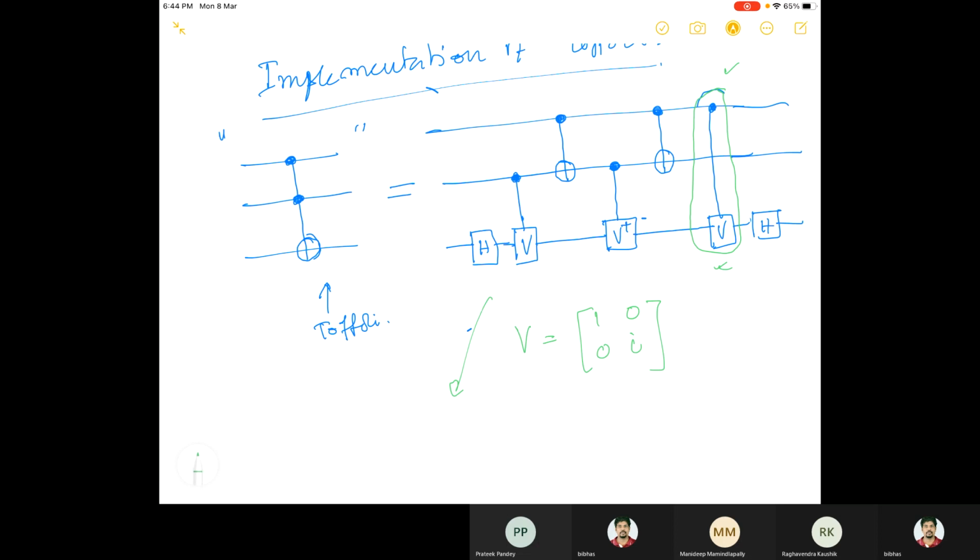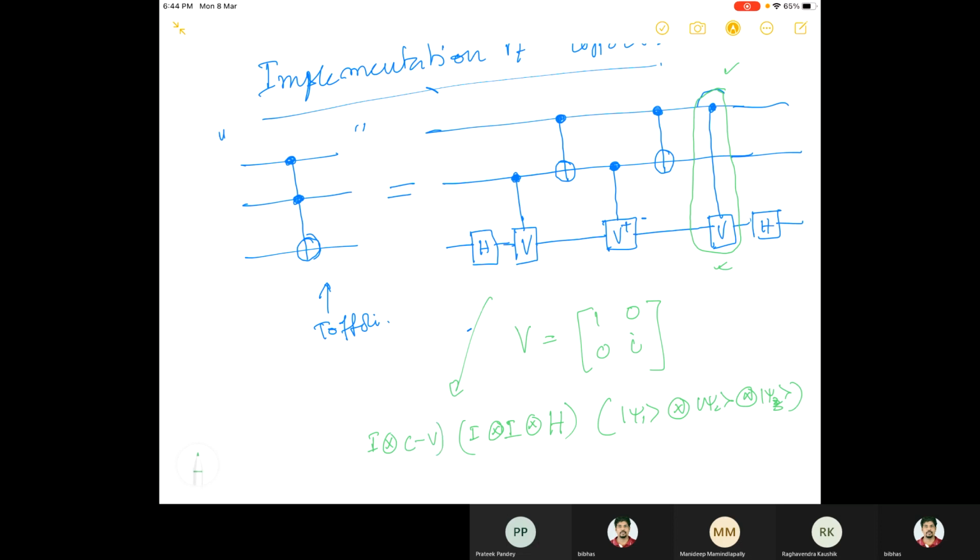Then what is this? First we apply H. Let's say your input is psi1 times psi2 times psi3. This is how the circuit should be realized. First you act H on the last qubit, so identity is applied on the first two. Then you apply the control V on the last two, so identity times CV, the control V gate.